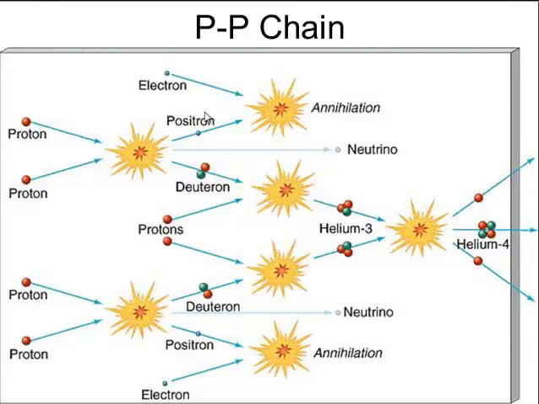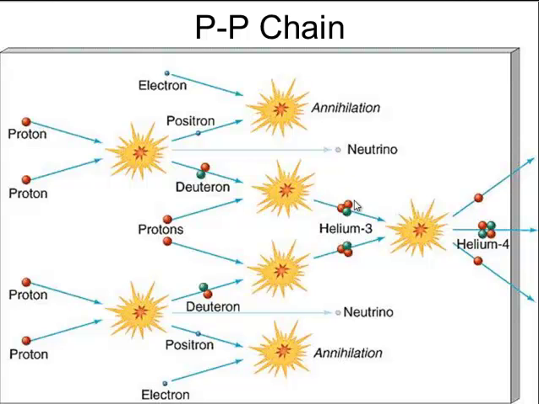Let me start that again. The protons collide to create deuterium and also a release of a positron. Positrons tend to not exist very long, and they're likely to collide with an electron and then annihilate themselves. But the deuteron is produced, and that's in a position which can collide with another proton.